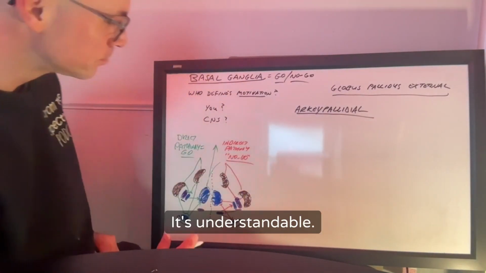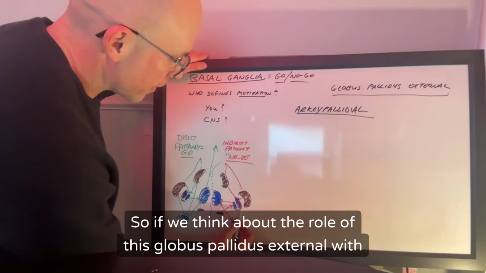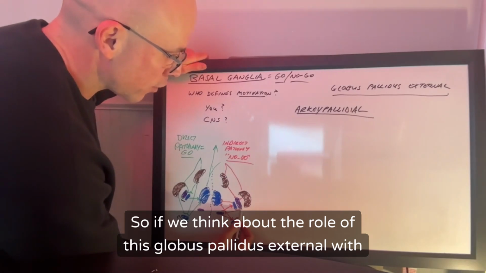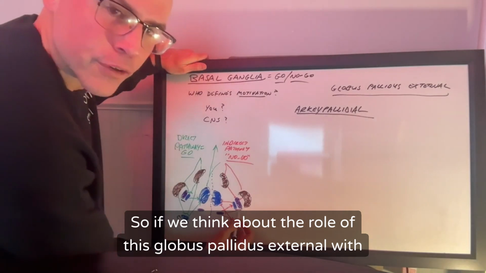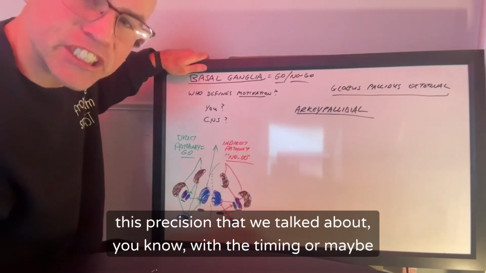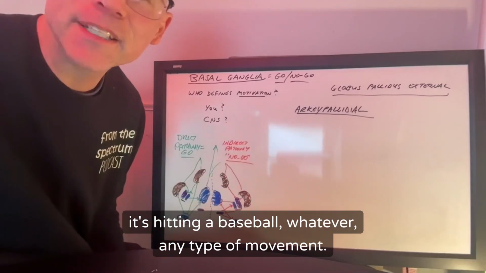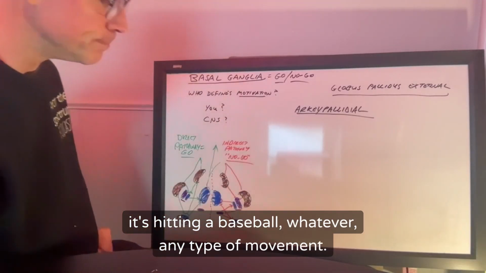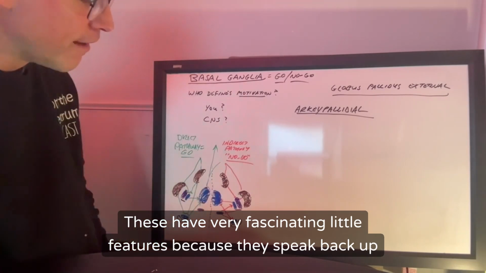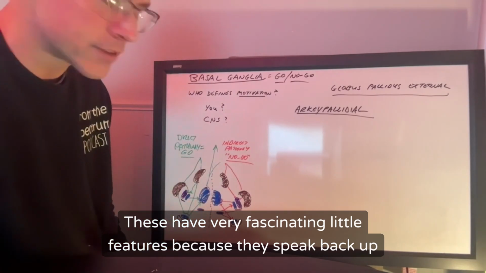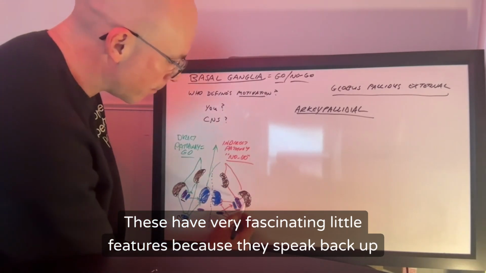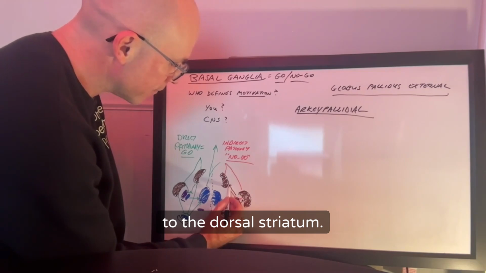It's understandable. So if we think about the role of this globus pallidus external with this precision that we talked about, with the timing, or maybe it's hitting a baseball, whatever, any type of movement. These have very fascinating little features because they speak back up to the dorsal striatum.